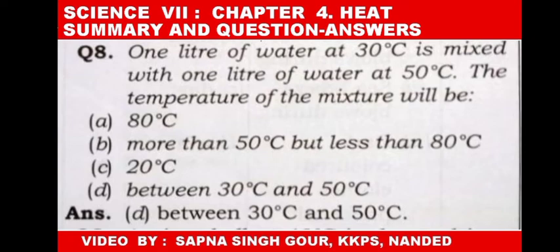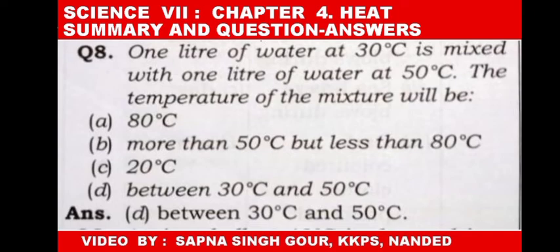Let us see, some options are given. A, 80 degrees Celsius, the addition of these two temperatures. B, more than 50 degrees Celsius but less than 80 degrees Celsius. C, 20 degrees Celsius. D, between 30 degrees Celsius and 50 degrees Celsius.